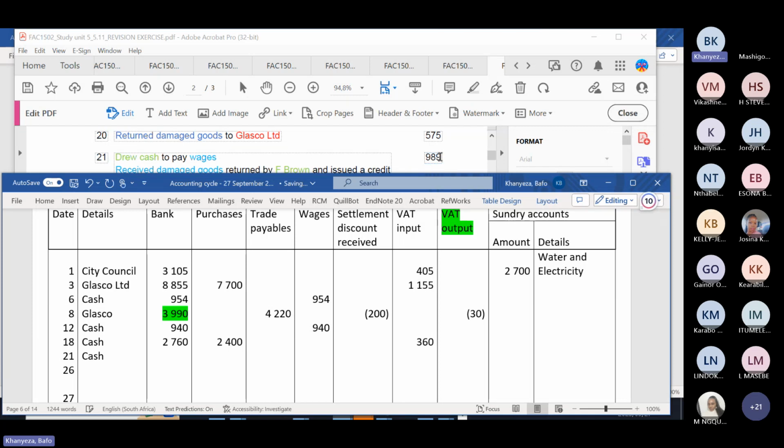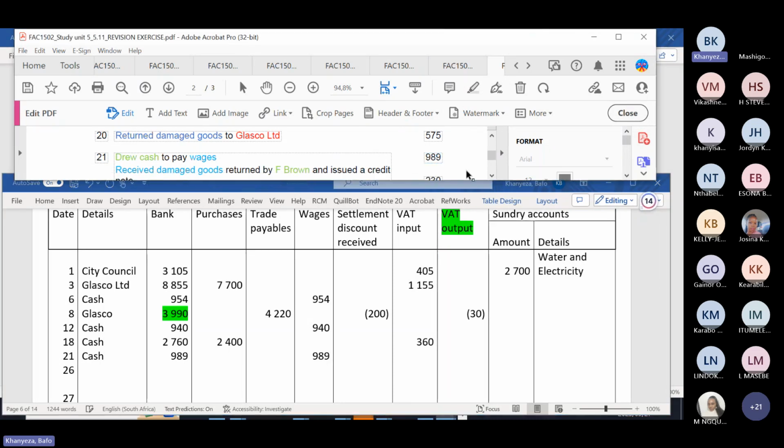You see where we are on top there. So what they withdraw is 989. Then the wages, it's 989. So it doesn't affect anything. It's a routine transaction. We move on to the next one.